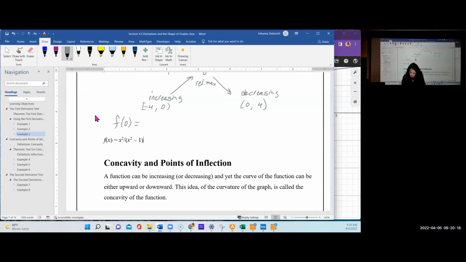And this gives us 0 squared over 0 squared minus 1, which is 0. So our relative extrema is at (0, 0), and it's a maximum.